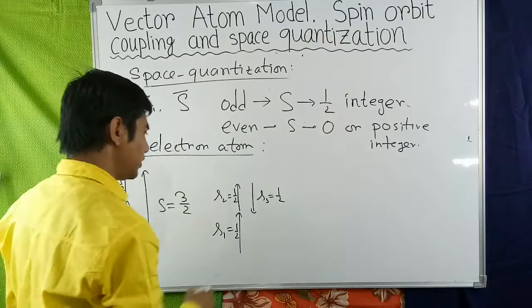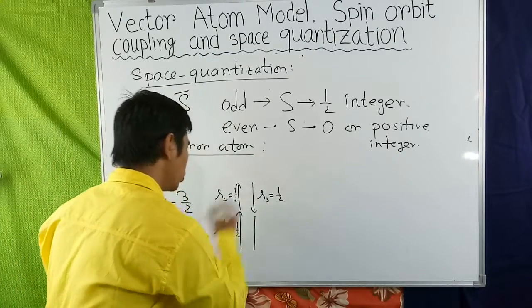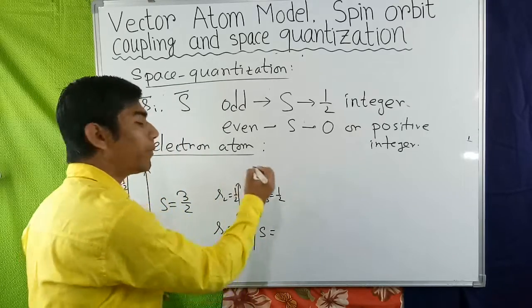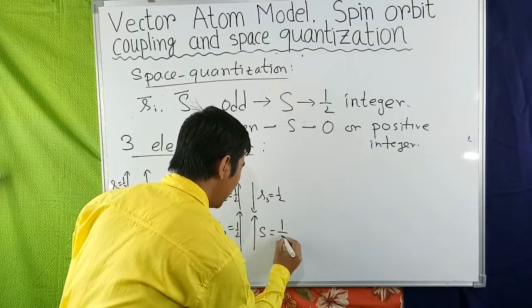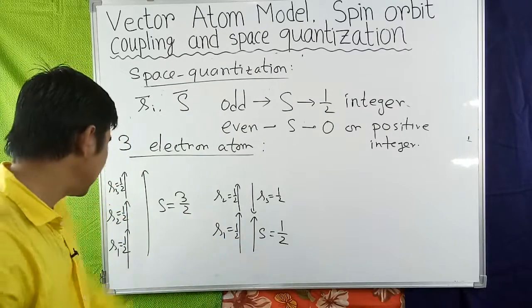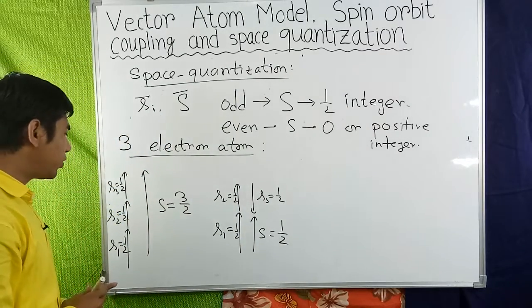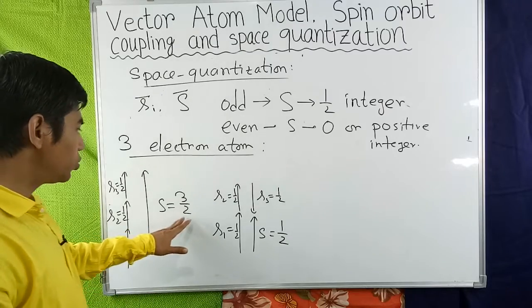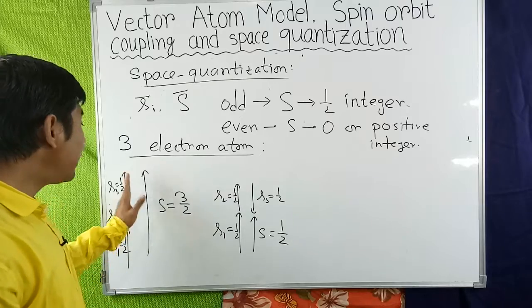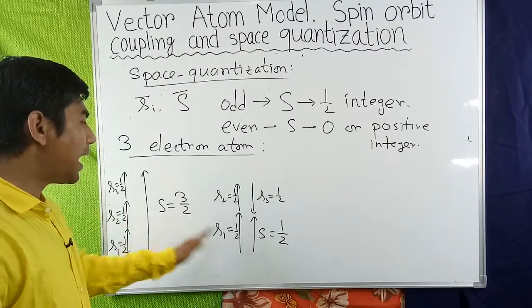So the addition of all Si, S, is half plus half minus half, that is half. So this is S vector, this is S, total S. So for a 3 electron atom, S equals to 3/2 and S equals to half. That is, for odd number of electrons, S is half integer.